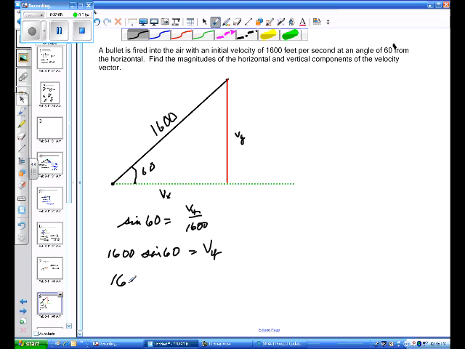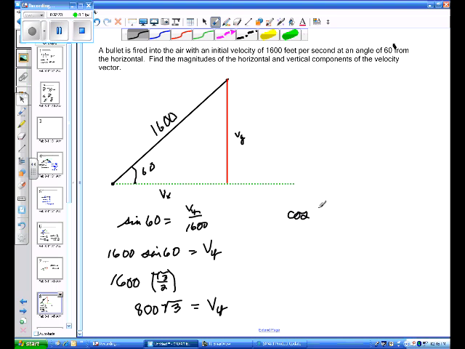Now the sine of 60 is the square root of 3 over 2. So we could cancel and we get 800 times the square root of 3 equals our vertical component.